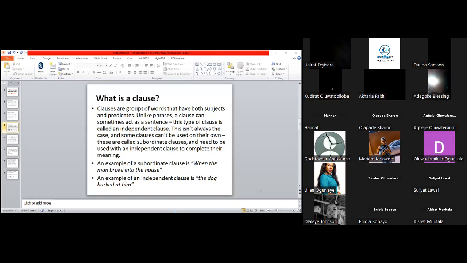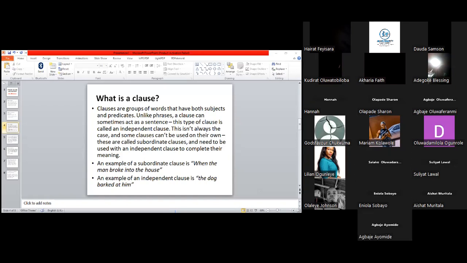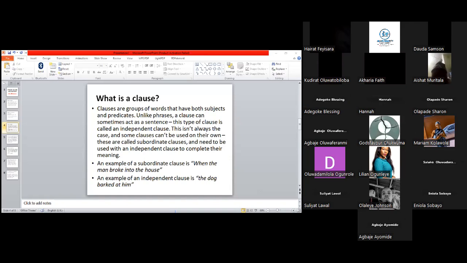An independent clause is that manager that can give you the statement, the message that you want at a go. But a subordinate clause will have to depend on an independent clause to get its meaning. So another name for a subordinate clause is a dependent clause, a clause that depends on another clause to have its meaning actualized.